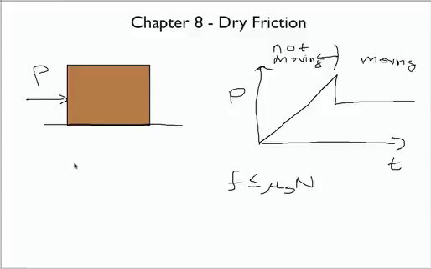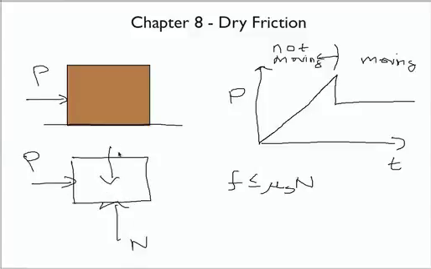So if we draw the free body diagram of this block, we'll have our P, the normal force, the weight of the block, and then the friction force F, which tends to oppose the block's tendency to want to move to the right due to this applied force P. So this is not moving.